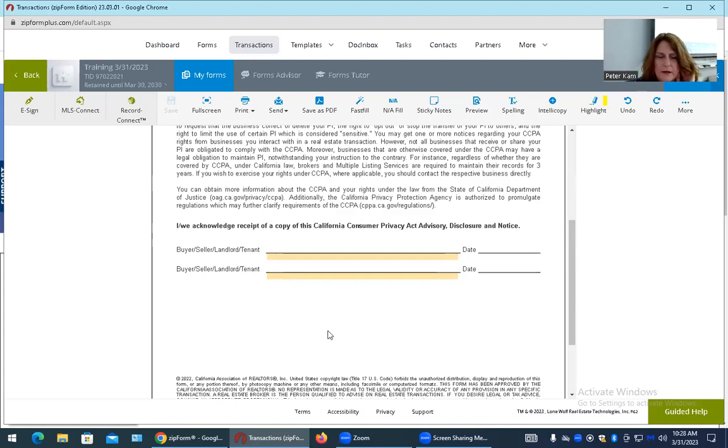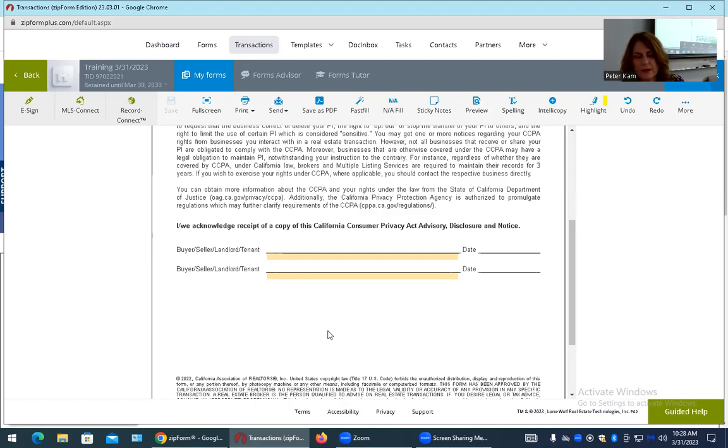Since we were talking about items included or excluded in the sale, if you look at paragraph 9, I think I addressed it a couple of weeks ago, but remember, if you've said in the agent remarks on the MLS that the refrigerator or something is included, it has to be in the contract.